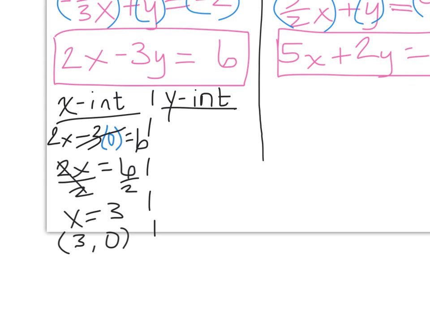My y-intercept. So I'm going to have 2 times 0, because we're going to plug 0 in for x for the y-intercept, minus 3y equals 6. So that gives me negative 3y equals 6.